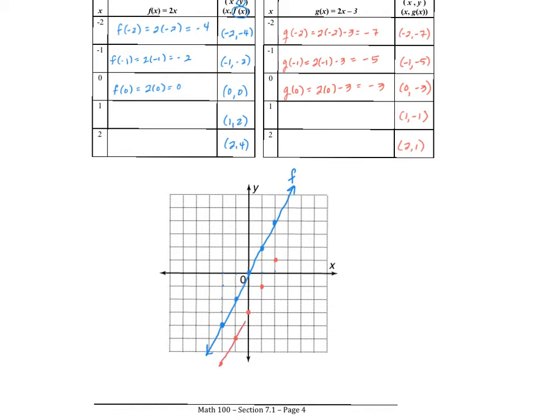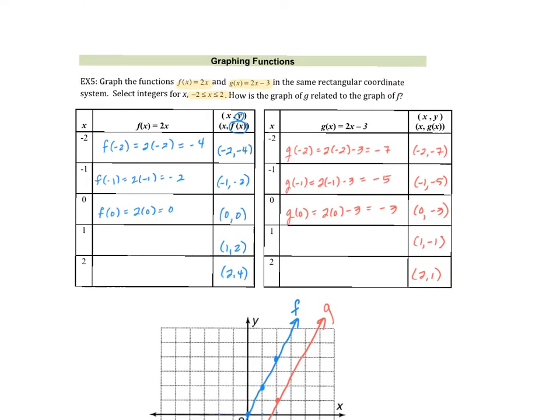When I graph this next line, I could see that my graph G and my graph F, they're never going to intersect. So I wanted to do this example to remind you that graphs that don't intersect are parallel. At the top, we were told to graph the functions.